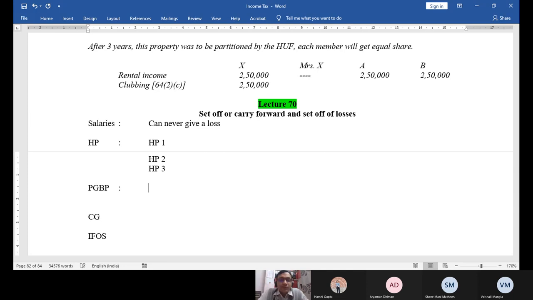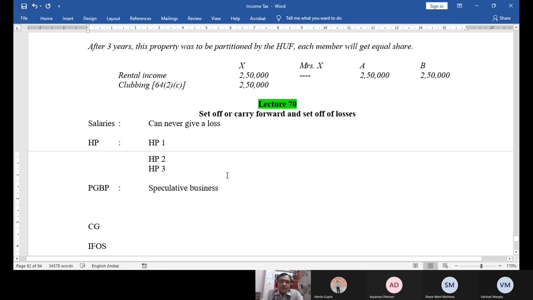PGBP. Now there are 3 types of businesses. Some businesses are speculative in nature, so we call those speculative business, where other than actual delivery, you are earning or losing something.